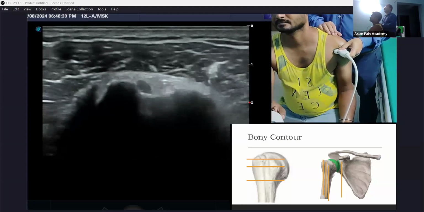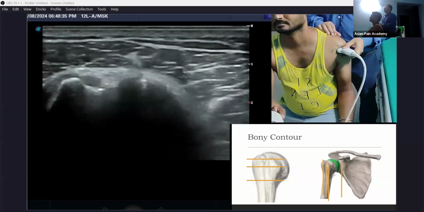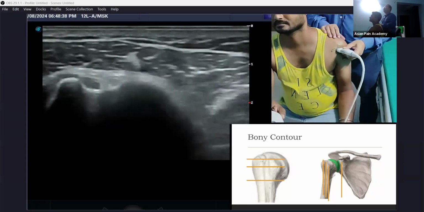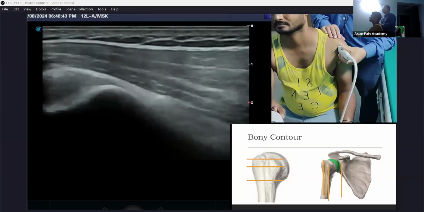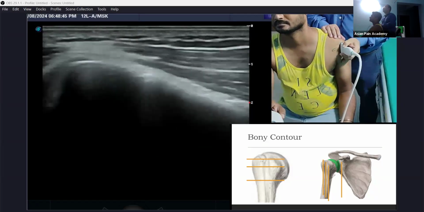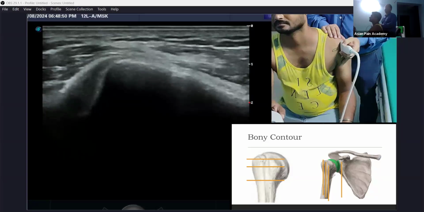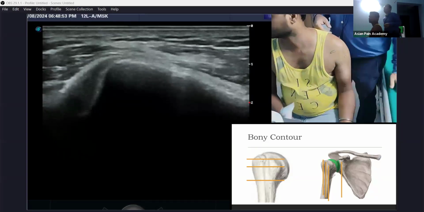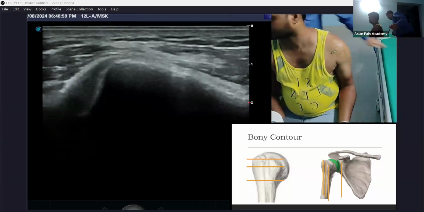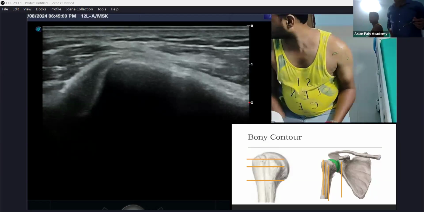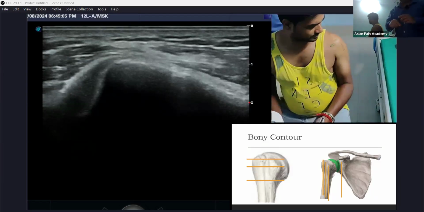So let me show. This is the greater tuberosity. I have brought it to the middle point. Here I will go with the rotation of the probe. So this is the greater tuberosity.